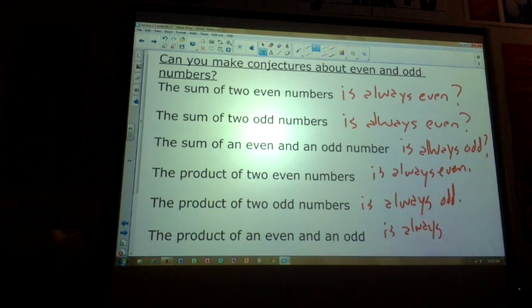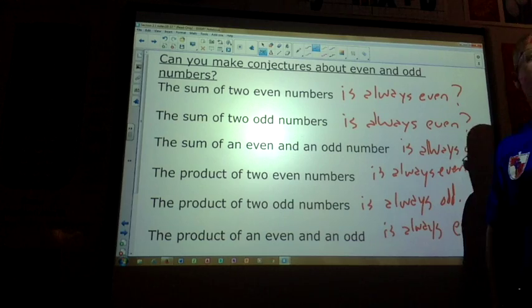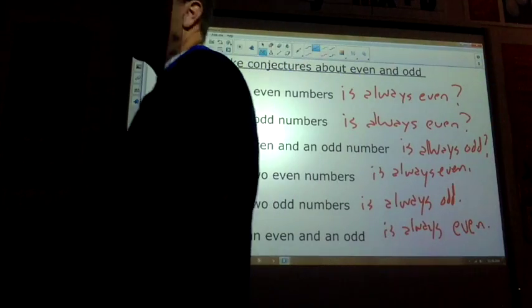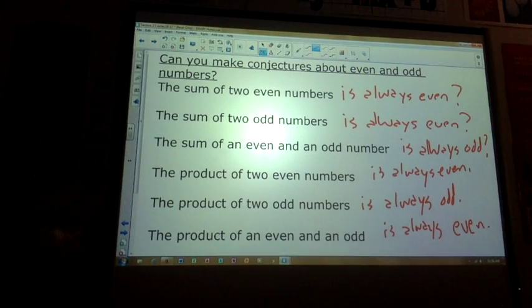Is always what? Even? What do you guys think? Always even? I don't know. I mean, until you find a case against, right? Until you find a case against, they've got to be true.